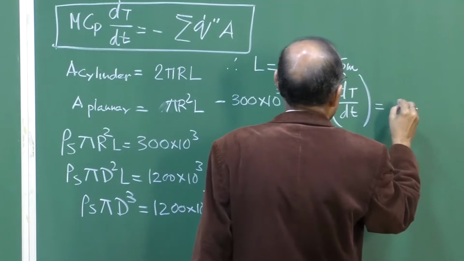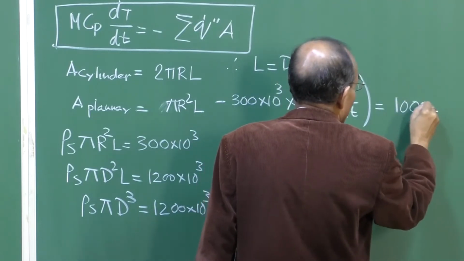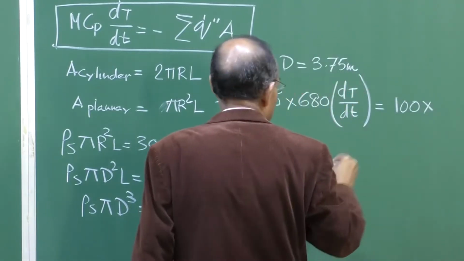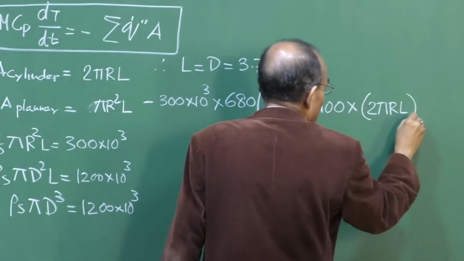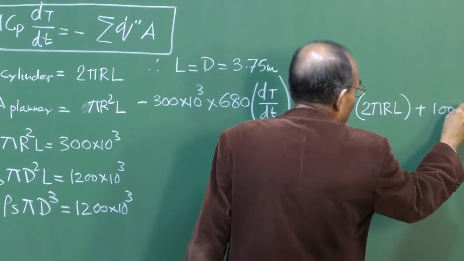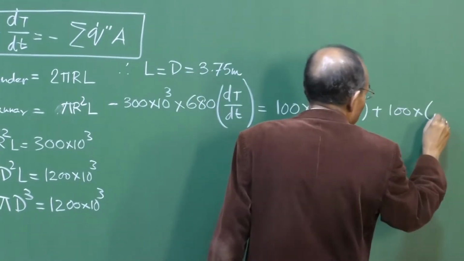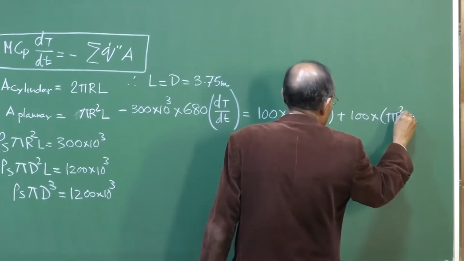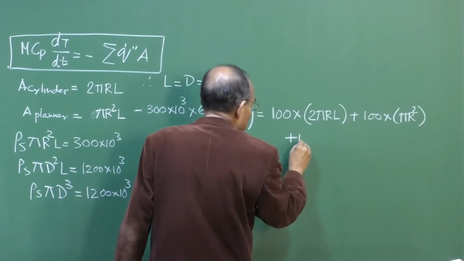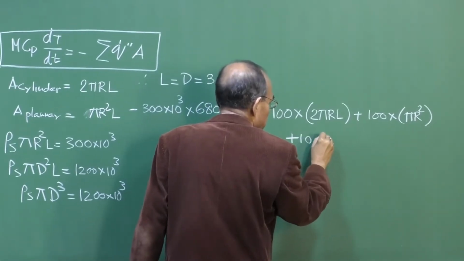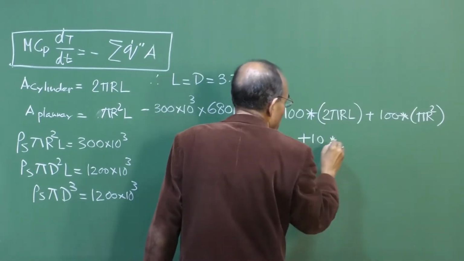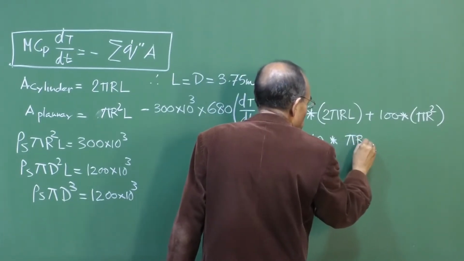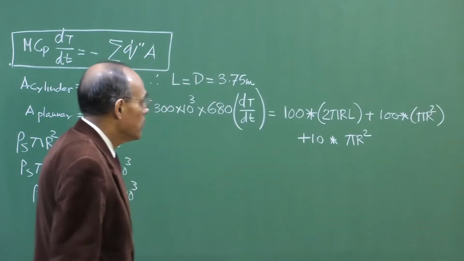So, we can say that this is 100 multiplied by 2 pi R L plus 100 multiplied by pi r square plus 10 multiplied by pi r square.